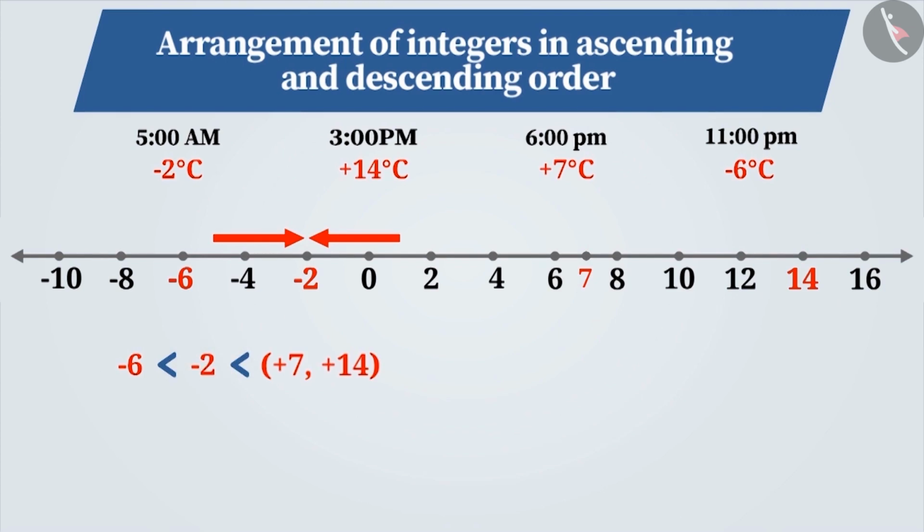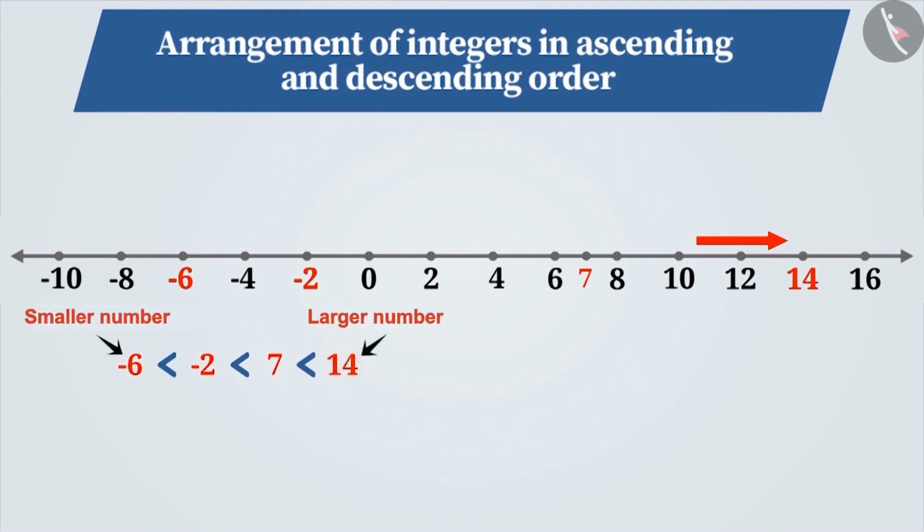Then comes +7, it is to the right of -6 and -2, hence it is larger than these two, but to the left of +14, hence it is smaller than 14. Since 14 is to the right of all these numbers, it is the largest. Hence, we write +14 after +7. We have now arranged the numbers in order.